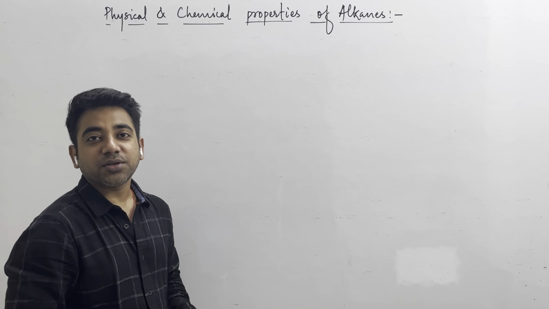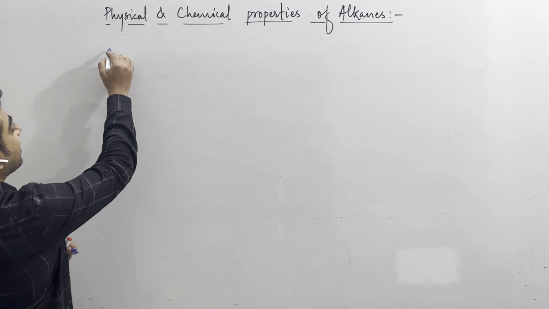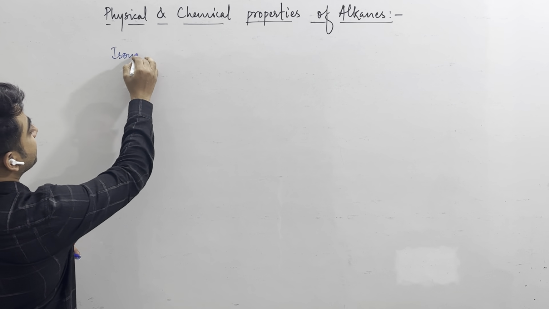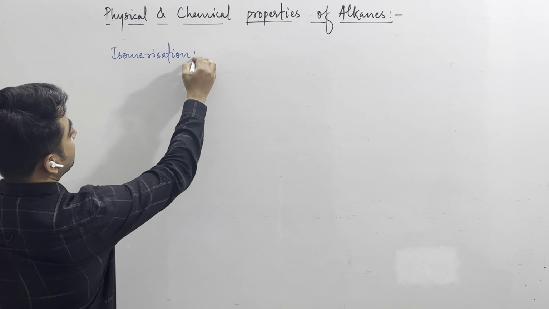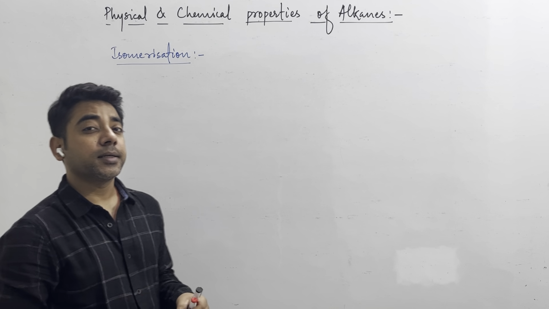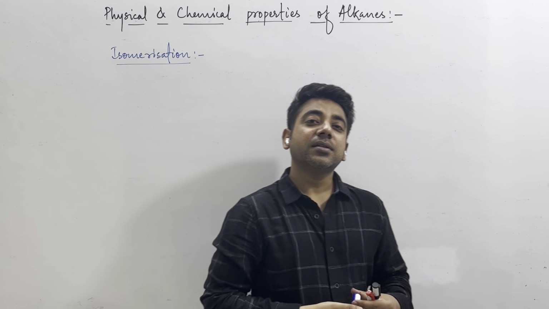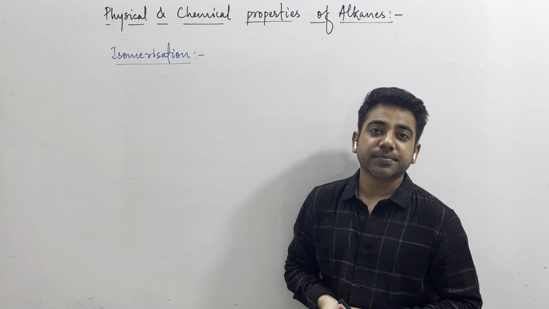The next reaction of alkane is the isomerization reaction. Let's see what this isomerization reaction is. A normal alkane is the one where all carbon atoms are in a straight chain.